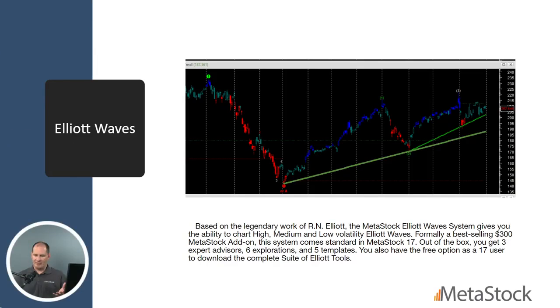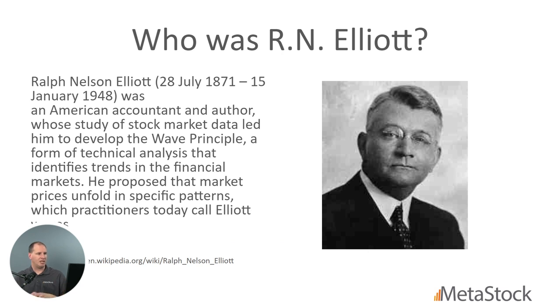So Elliott Waves are based off of the work of a gentleman named R.N. Elliott. And he was an accountant and stock trader who lived between 1871 and 1948. And he started studying the markets and found these psychological patterns in the market. Now, we're not talking about patterns like double tops and triple tops and head and shoulders and things like that.